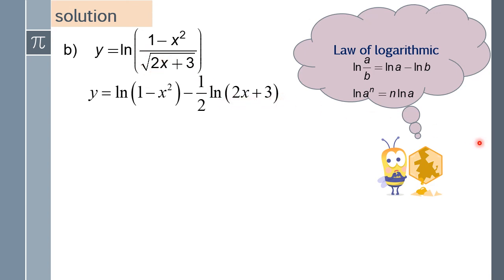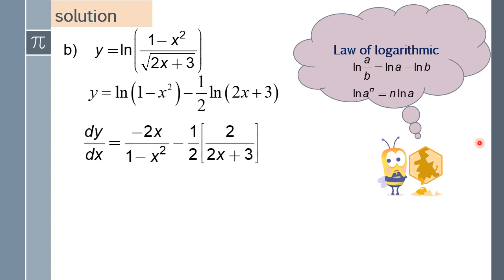Now we start to differentiate y with respect to x, so we have dy/dx equal to 1 minus x squared, we put to the bottom, and then we differentiate 1 minus x squared, we have negative 2x, and then minus 1 over 2 is a constant.